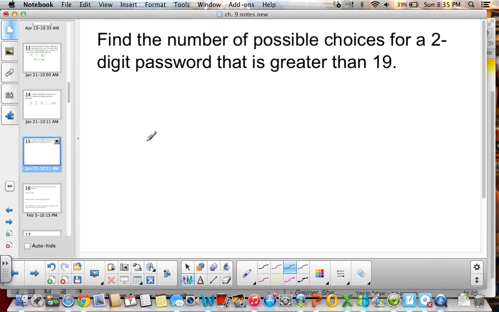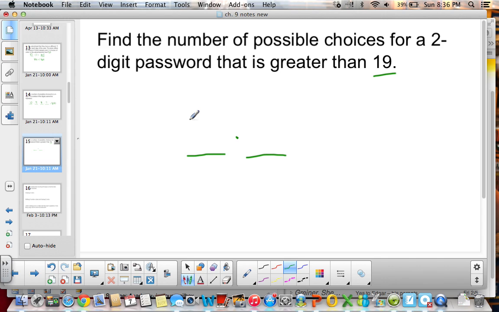Find the number of possible choices for a 2-digit password that is greater than 19. So we're going to do the same thing, 2 digits. So here are my 2 digits, and I'm going to multiply them together. For my first digit, it has to be greater than 19. So we know that first number has to be 2 or greater.